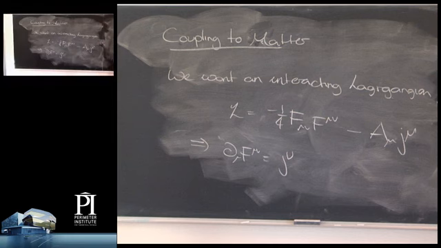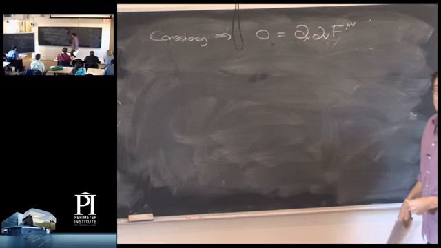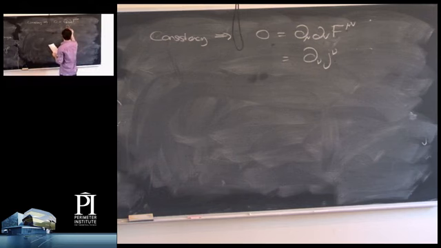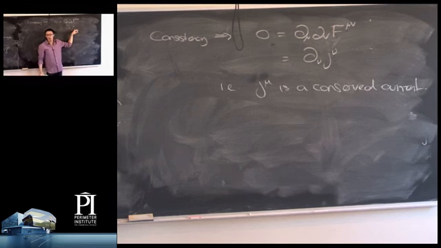However, it turns out we can't put any function of other fields for J^mu here, because there's a consistency condition. Just by symmetry, if I act with another derivative, this is symmetric, this is anti-symmetric, so it's 0. Which means that this current has to obey d_nu J^nu equals 0 when the equations of motion are obeyed.